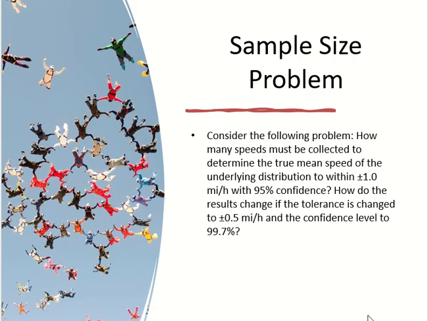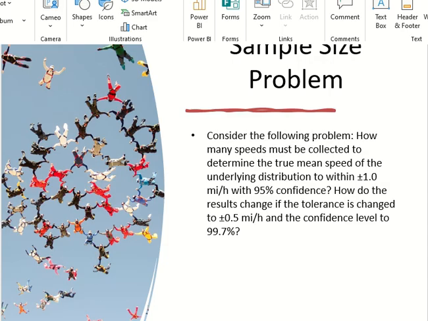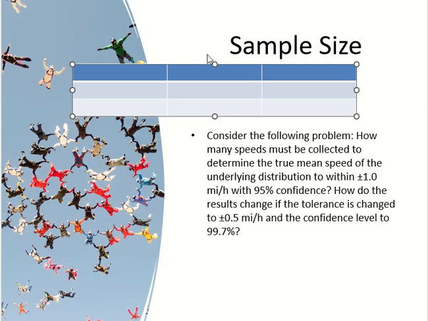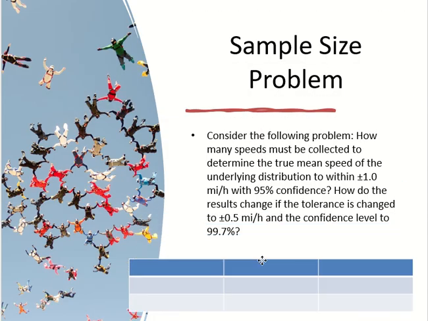Okay, so if you want to be accurate within plus minus 1 and confident up to 95%, what are the number of samples? And if you want to change the error level to plus minus 0.5 and confident up to 99.7%, then what are the number of samples you need? Okay, so I will make a table here, because I have two values of error and two values of confidence interval.